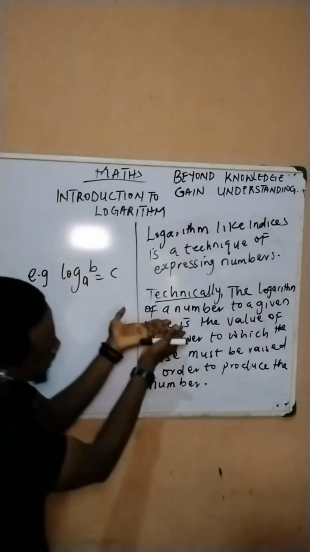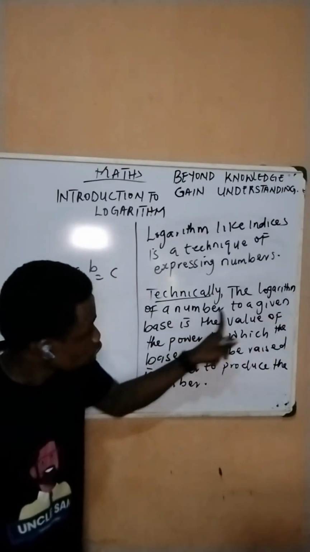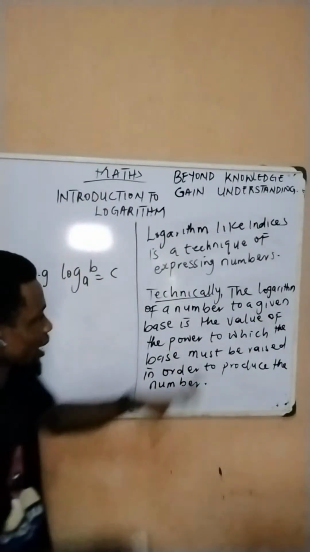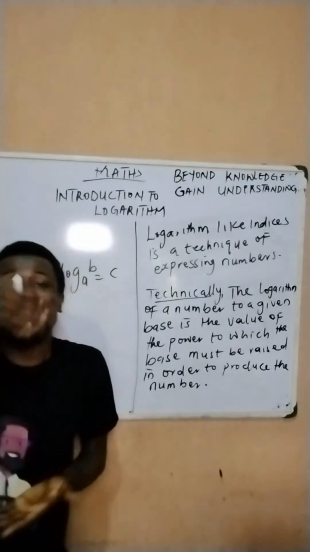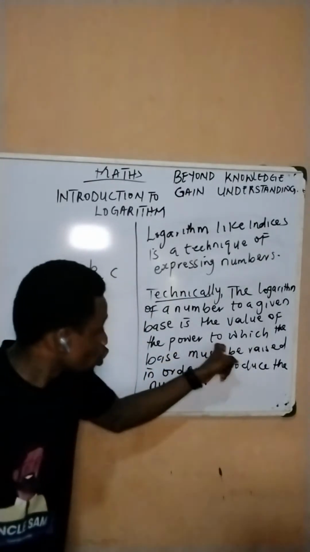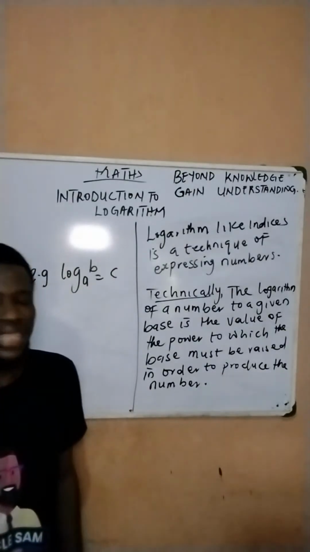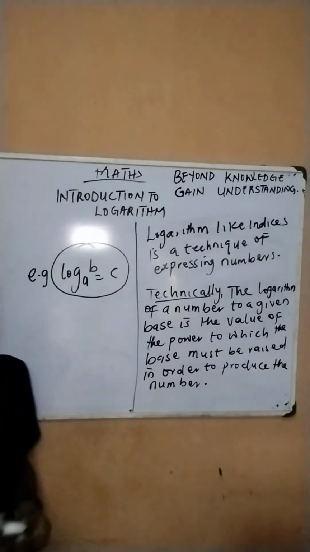So let's go. Technically speaking, the logarithm of a number to a given base is the value of the power. It's more like saying it's equal to the power to which the base must be raised in order to produce that number. So this is how it is represented.